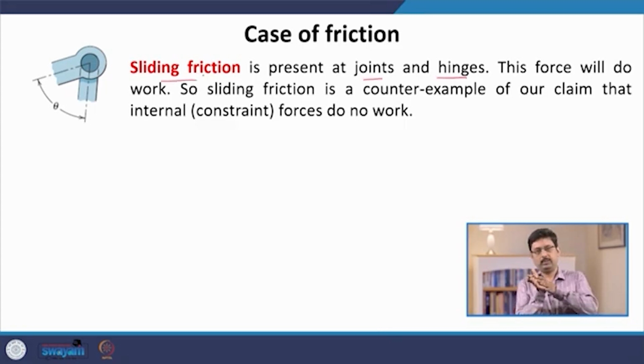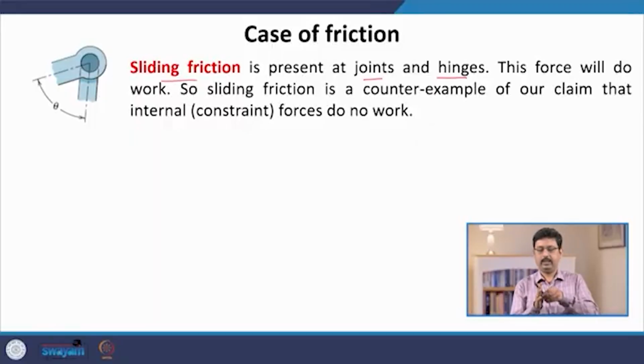This is where two surfaces try to slide relative to each other. If I take this pen and this is a surface, then this is a sliding motion. Now, this force does some work. The work done by this sliding friction force is not 0 in general.